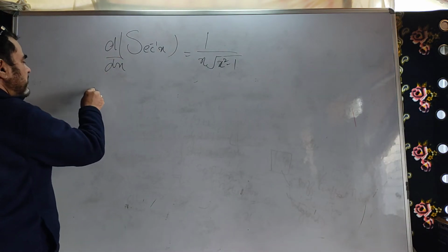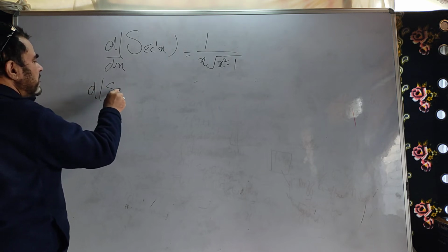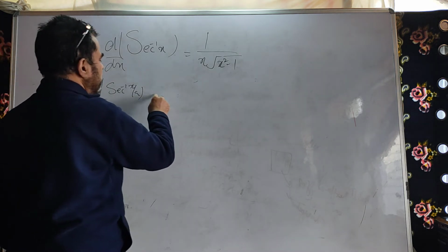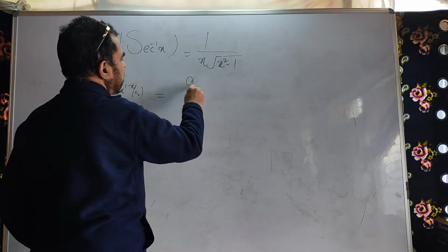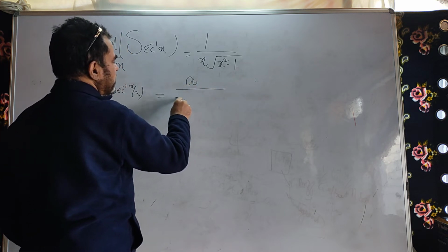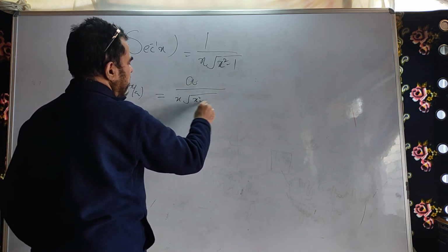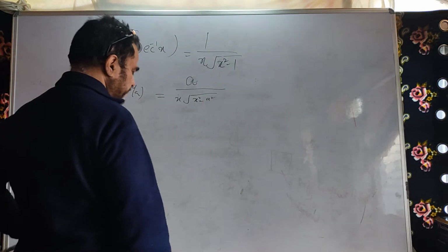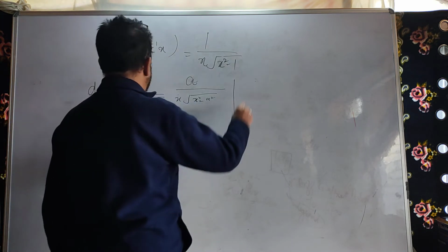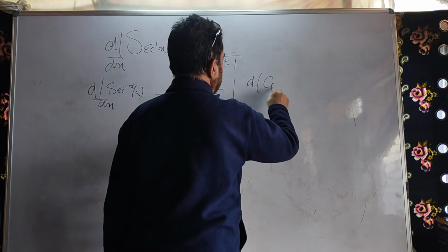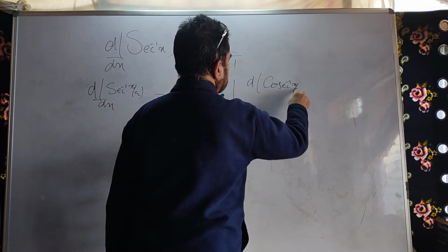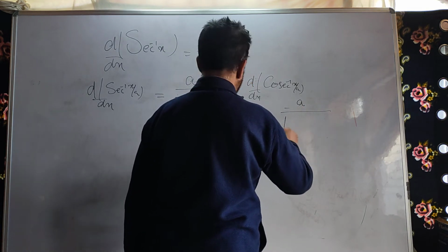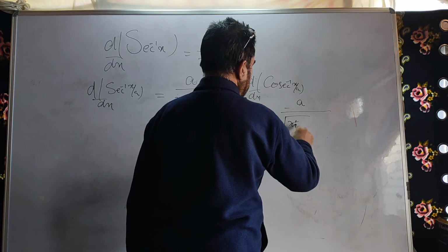On the basis of this, the derivative of secant inverse x by a with respect to x, you will see comes to be a by x times under root of x square minus a square. Similarly, when you differentiate cosec inverse x by a with respect to x, you will see this is minus a by x times under root of x square minus a square.